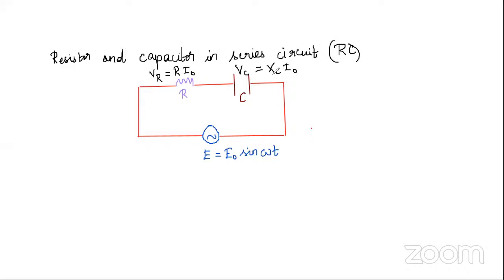Since both the resistor and the capacitor are in series, the current through both the elements will be the same at every instance. XC is nothing but the capacitive reactance, and VR is equal to I naught into R.